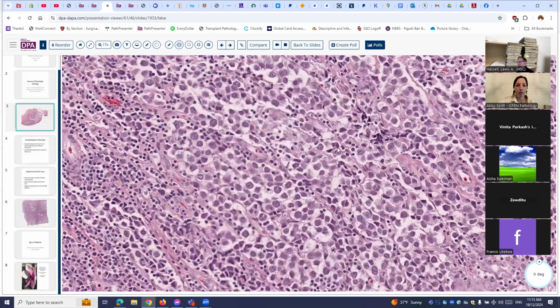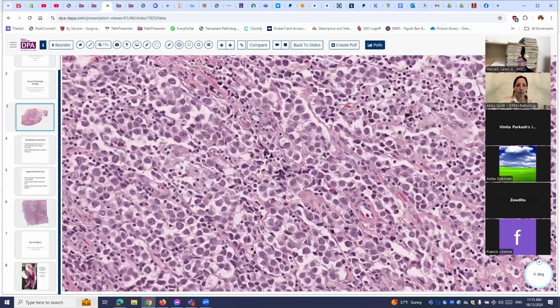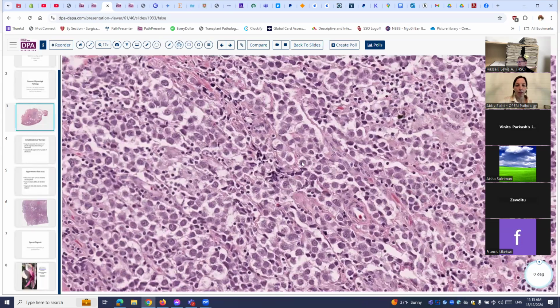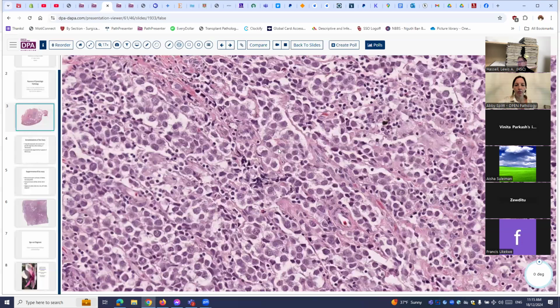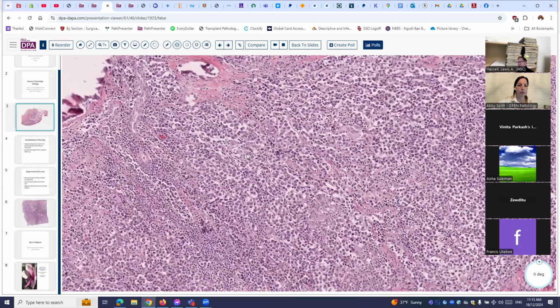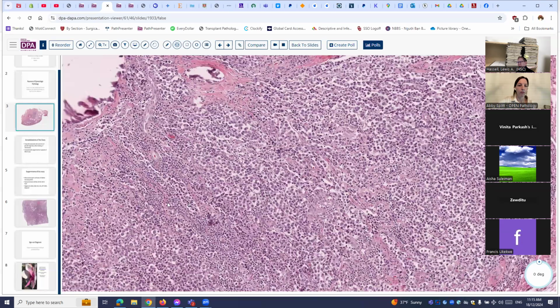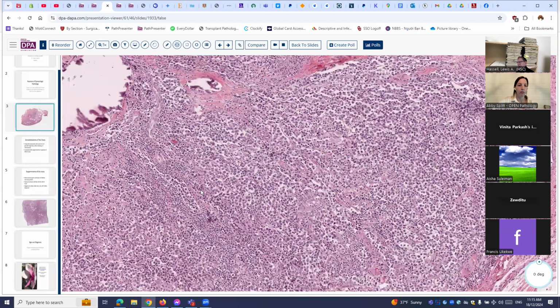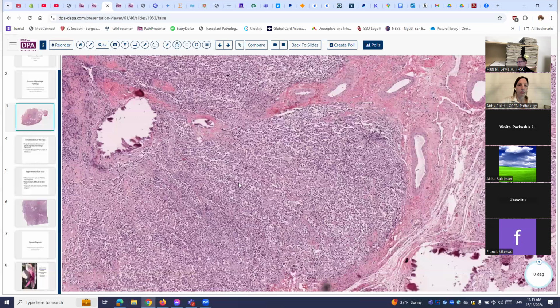It looks like a germinoma type, with well-rounded, uniform cells and stromal inflammatory cell infiltrates.